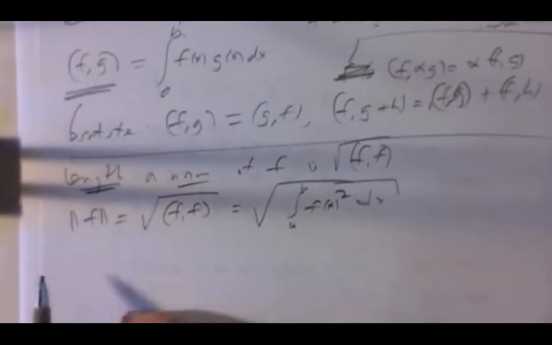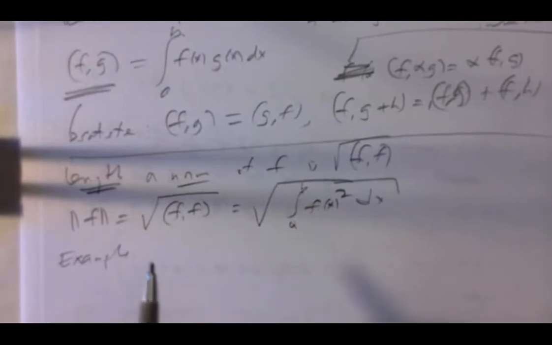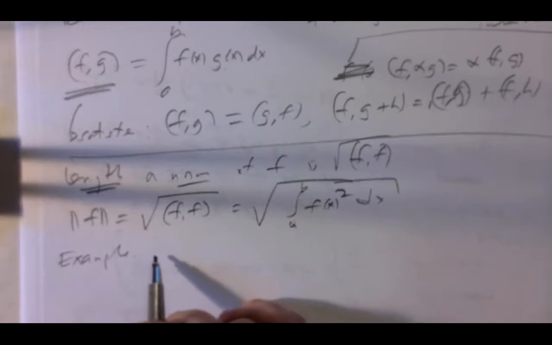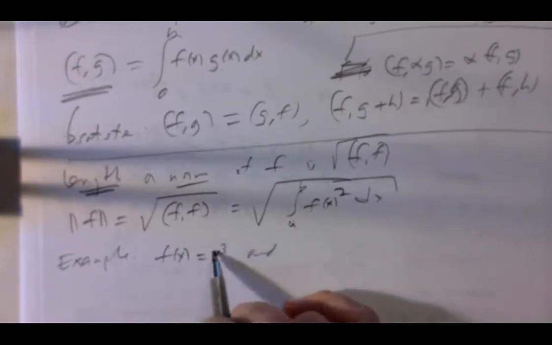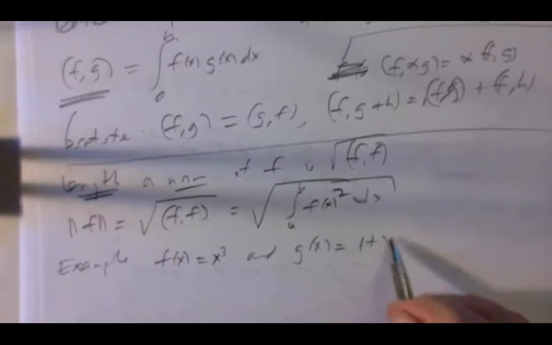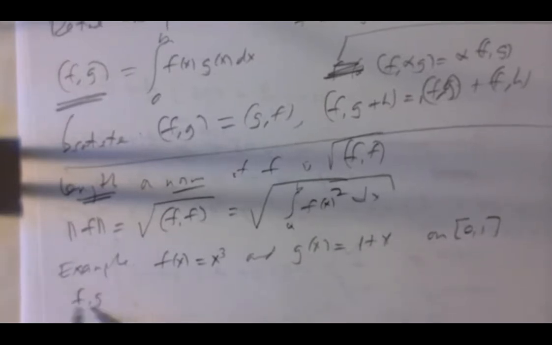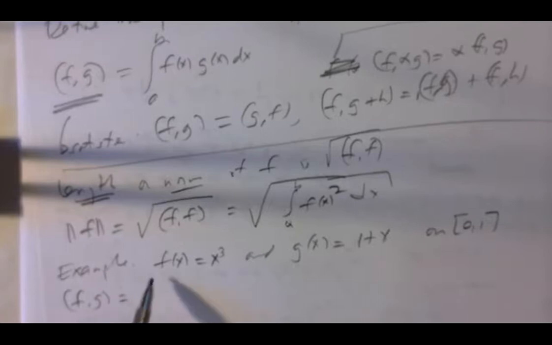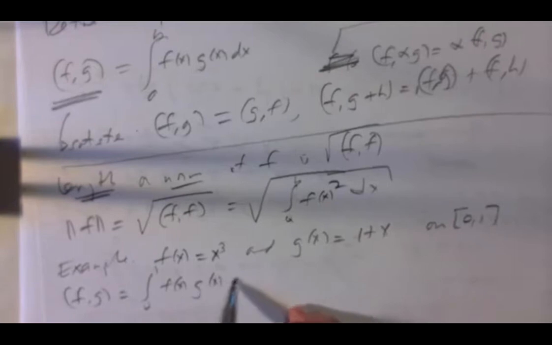Any questions about this? Let's look at an example. Suppose we take the interval 0 to 1, and let's say f of x equals x cubed, and g of x equals 1 plus x on the interval 0, 1. So the inner product of f and g is the integral from 0 to 1 of f of x, g of x, dx.